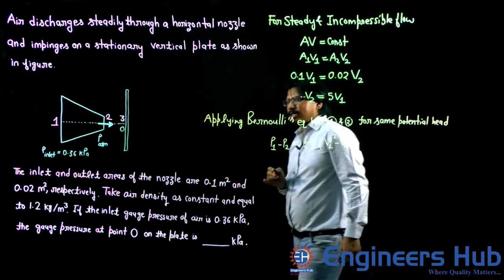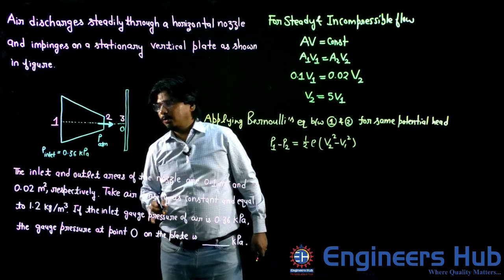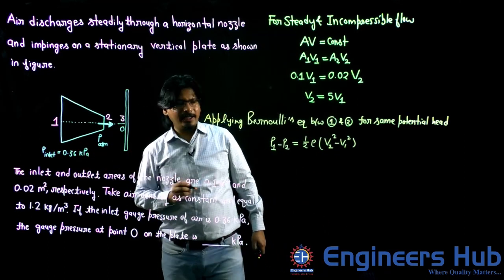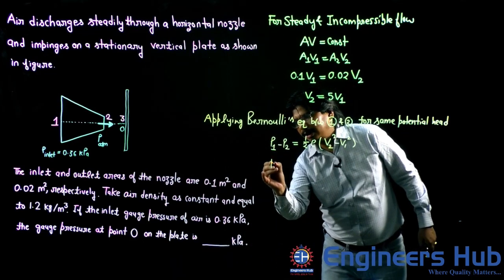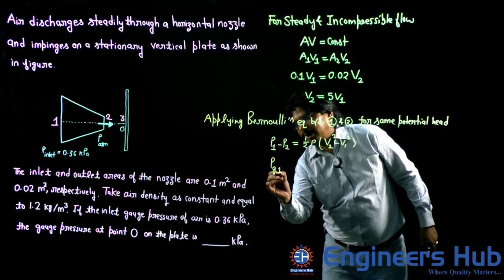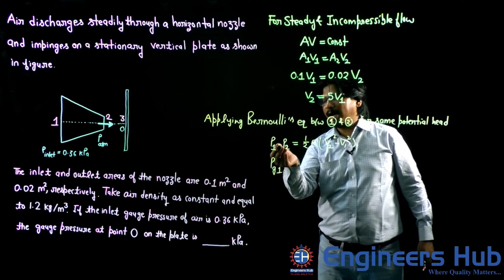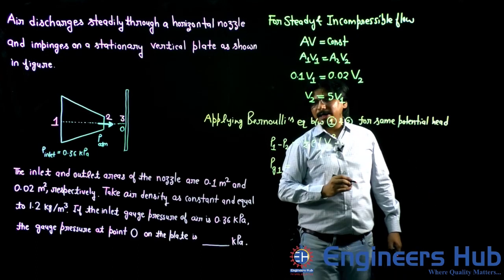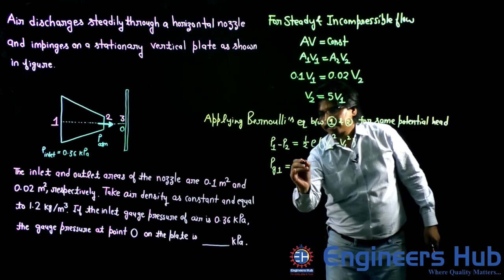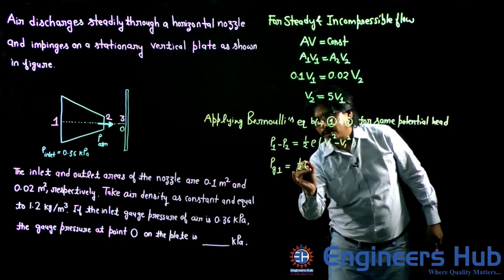Now look here my friends, P1 is already given to us and P2 is PATM. If I substitute here, the absolute pressure at 1 minus atmospheric pressure gives me the gas pressure. So Pg1, the gas pressure at 1, is equal to half rho.